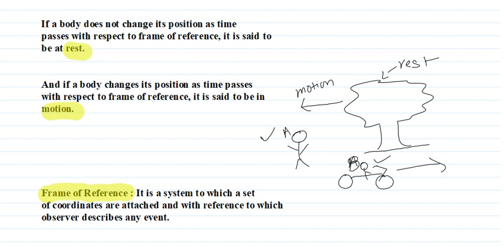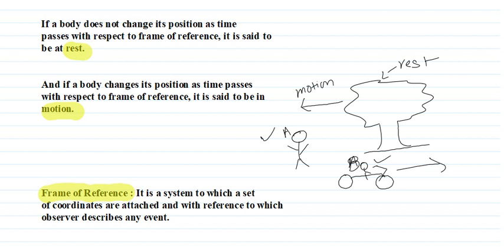Basically, the quantitative description of the observer can be found if we assume a frame of reference. So frame of reference is a system, and it gives the quantitative description of any event.